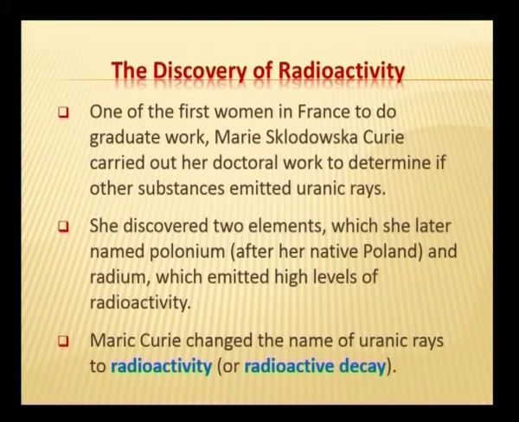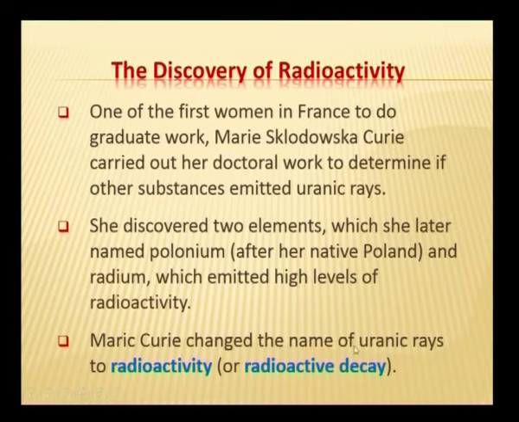Like whatever Becquerel found from uranium, she tried to find whether other substances also emitted such radiations. She discovered 2 new elements which she later named polonium, after her native Poland, and radium, which emitted high levels of radioactivity.